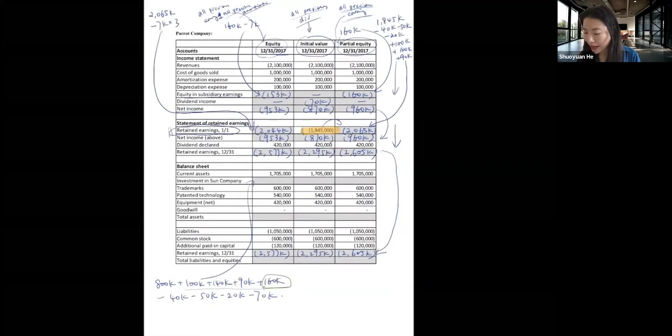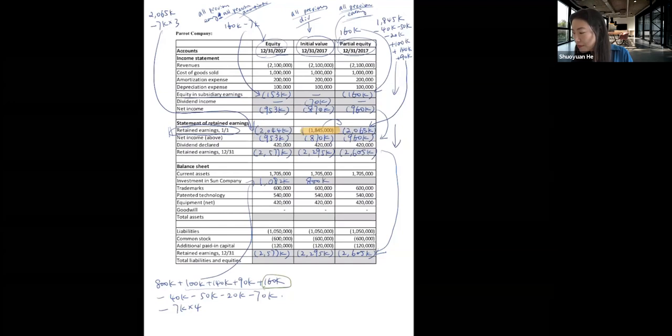And then we need to take out 4 years of amortization, which are for the years 2014, 15, 16, and 17. So those are 4 years. And this is going to give you 1,082,000, versus under the initial value method, the investment account balance will only be equal to the initial investment, which is 800,000.